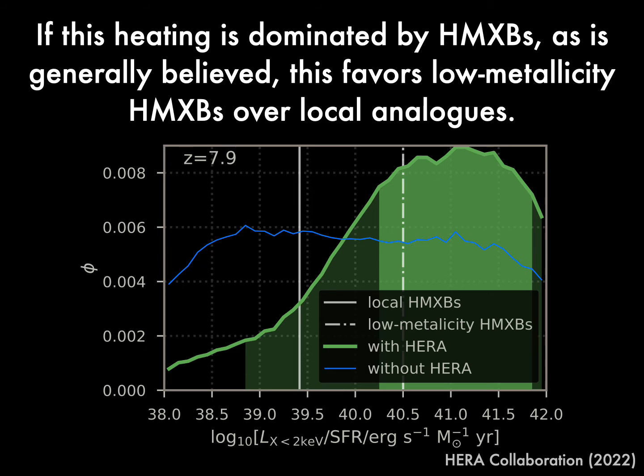And if, as we believe, that heating is dominated at high redshift by high mass X-ray binaries, then this favors a low metallicity set of high mass X-ray binaries that look quite different from the modern day ones, due to losses driven by mass losses by line-driven winds, because at higher metallicity, these are a little bit less efficient in their X-ray production. So we are seeing evidence, though still tentative, that our data are more consistent with low metallicity high mass X-ray binaries than local analogs.